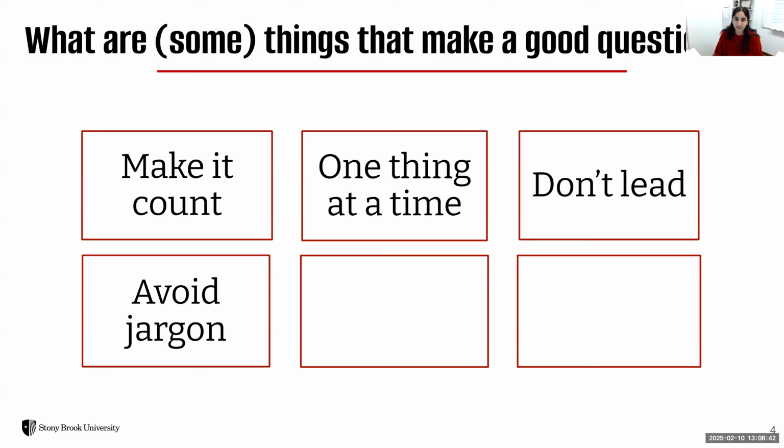So use common language, not necessarily informal, but words that people can understand right from the get-go without thinking, do I have to Google what that word is? Because that's an extra step for them, and that might lead them to either not answer the question, maybe even close out of the survey, or just not give you the most reliable data.